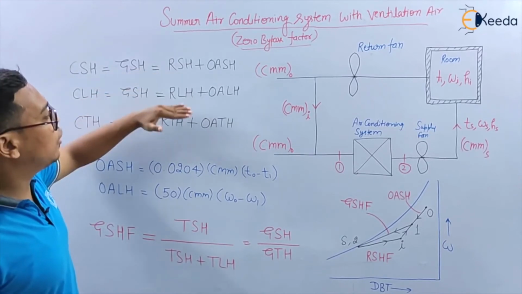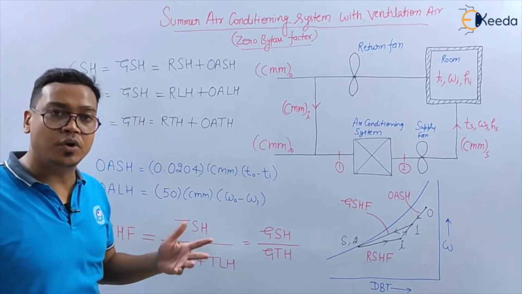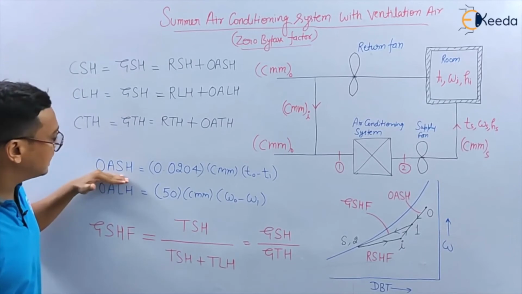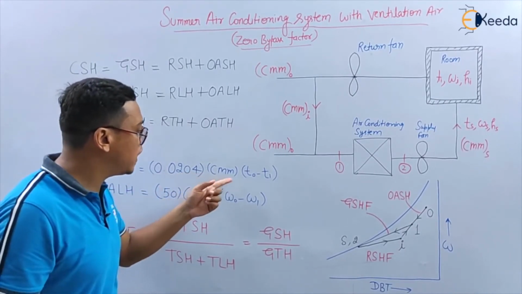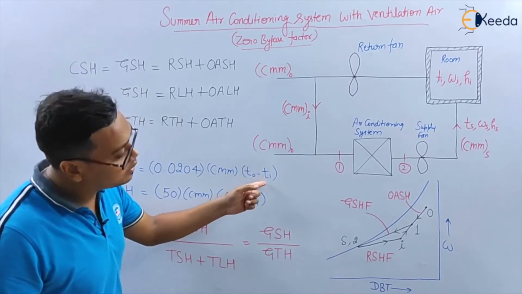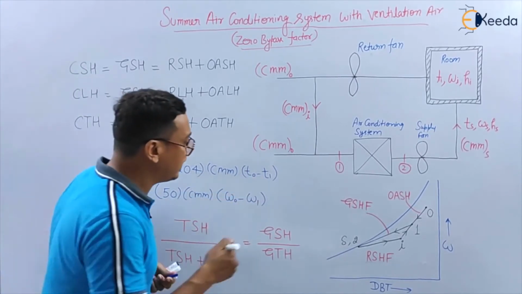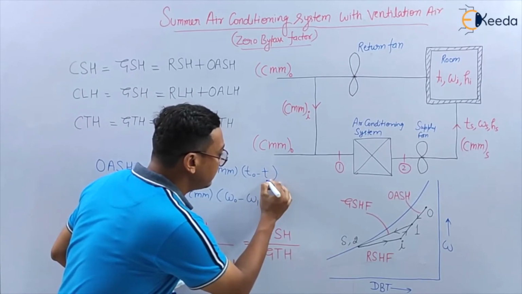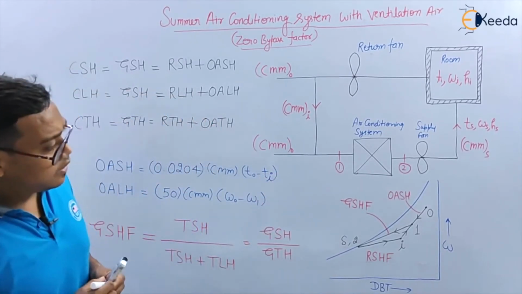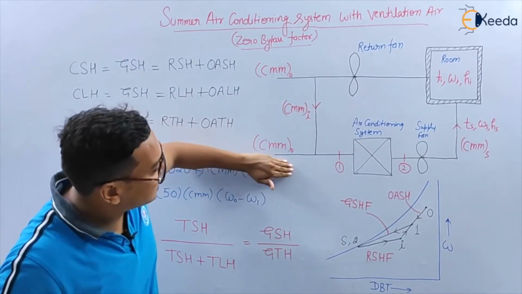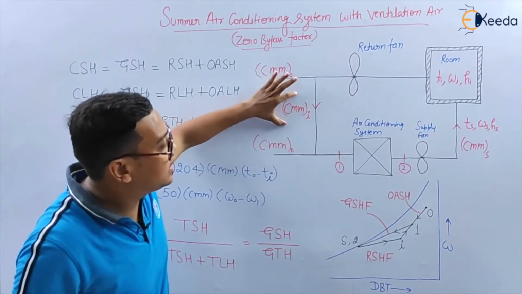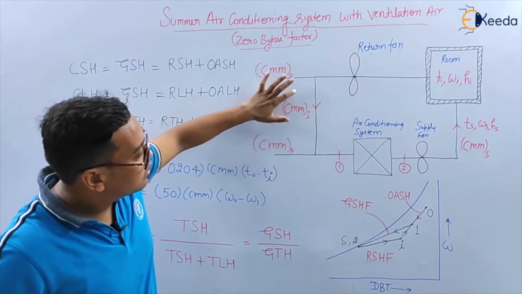Because room sensible heat load and room latent heat load we know. Now the outside air sensible heat load will be equal to 0.0204 into CMF into (T0 minus Ti). Sorry, it is not T1, it is Ti. Because the outside air which is coming from this side will mix with this air.